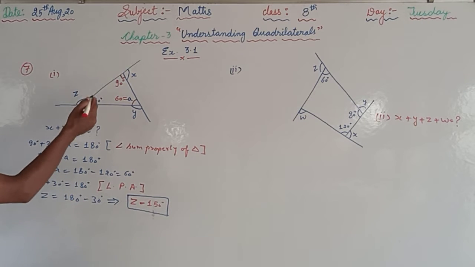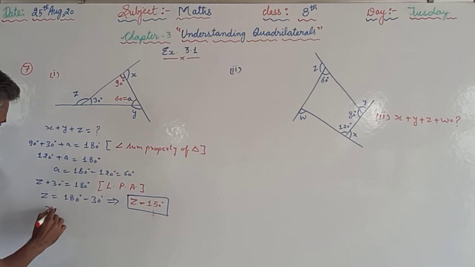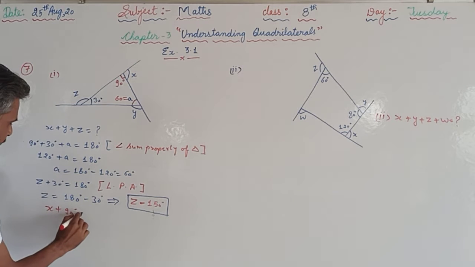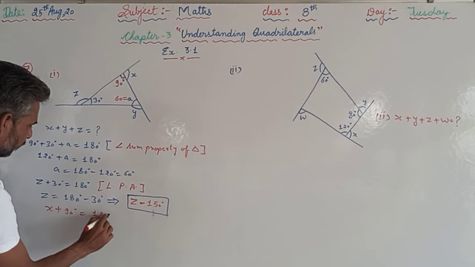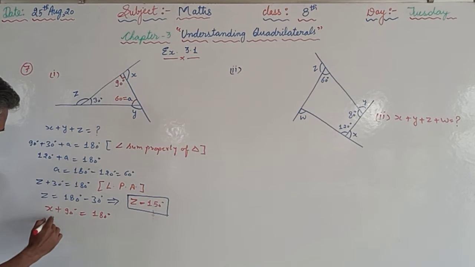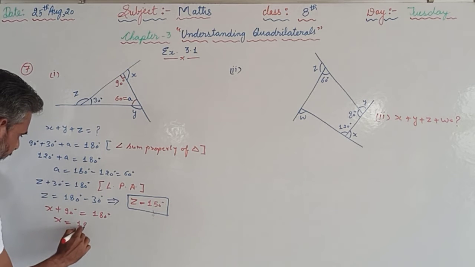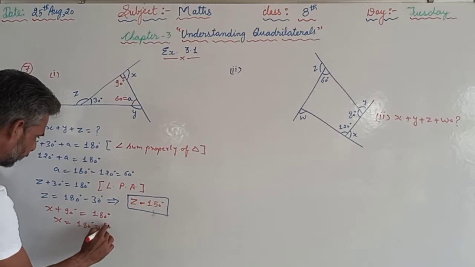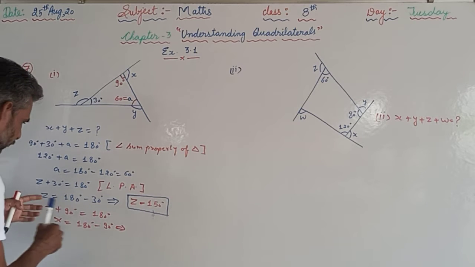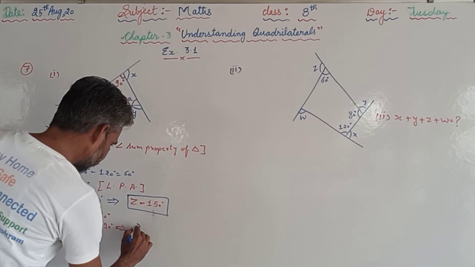Similarly we can find out X. So X plus 90 degree is equals to 180 degree. Why? What is the reason? Linear pair angle. So from here X is equals to 180 degree minus 90 degree. It implies X is equals to 90 degree.